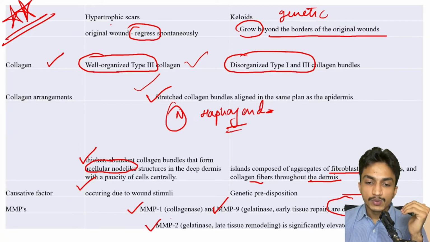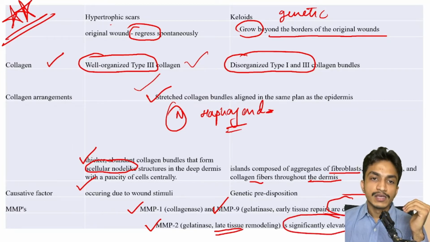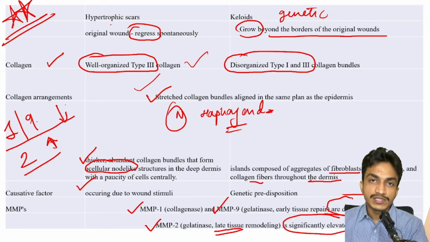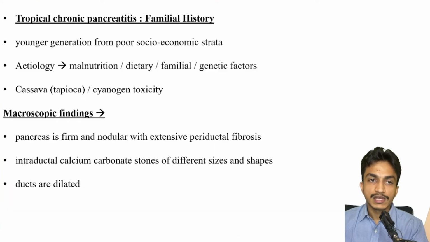And MMP2, that is also a gelatinase, is associated with late tissue remodeling, and that is elevated in both. So if you see, 1 and 9 are decreased, 2 is increased. So that is about the difference between hypertrophic scar and keloids.